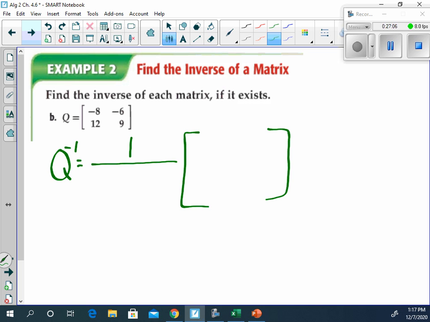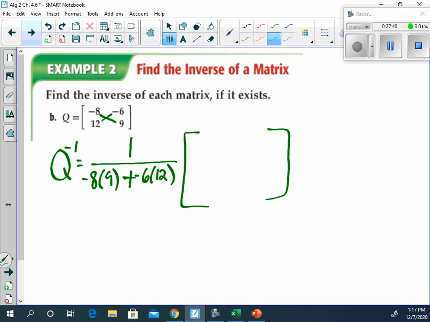We could store it in the calculator as matrix A, and then do A inverse, and it would give you the inverse. Now, if we're doing this by hand, we're going to have 1 over AD minus CB. So that would be -8 times 9 minus -6 times 12. Here the negative and negative would make a positive. So that's fine.